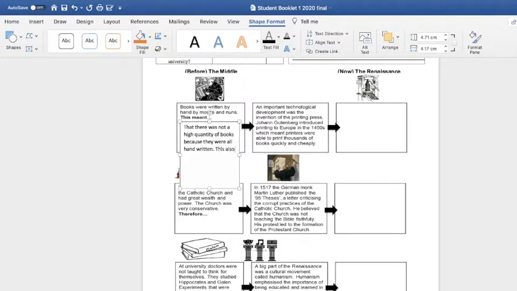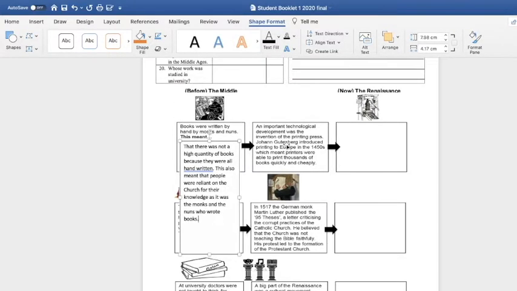This also meant that people were reliant on the church for their knowledge, as it was the monks and the nuns who wrote books. So something like that.